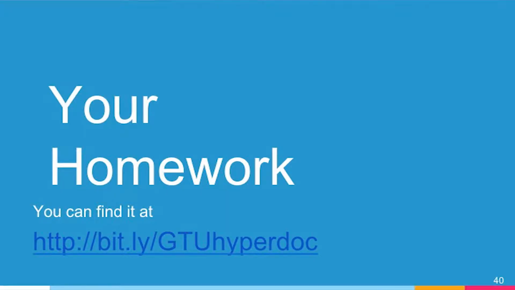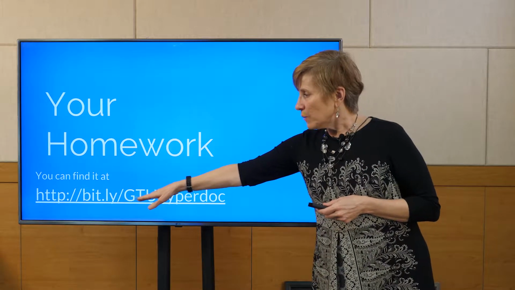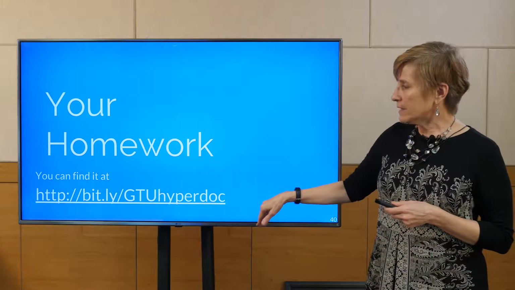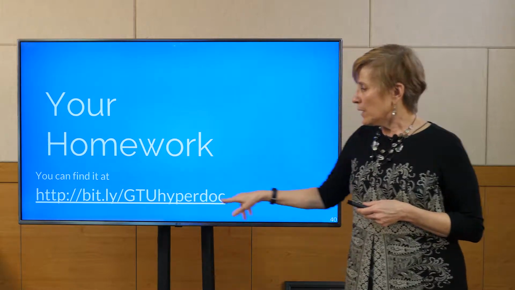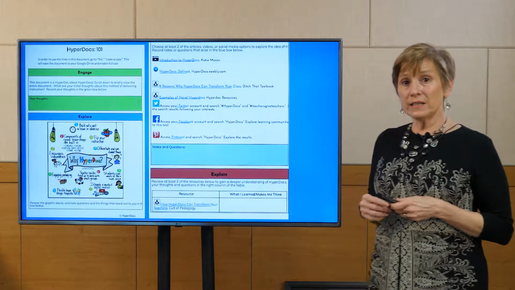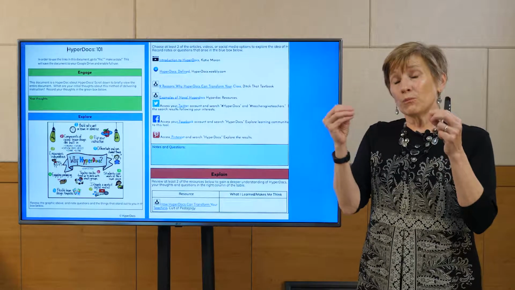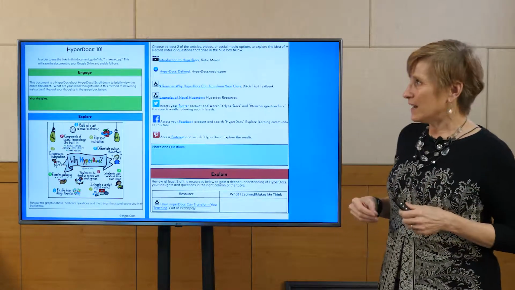So you do have homework for this section. It's a document you can get on bit.ly. This is the URL, bit.ly/GTU hyperdoc. So it is a couple of pages. It is a hyperdoc. One thing I really want you to take away is learning how to create a hyperdoc.